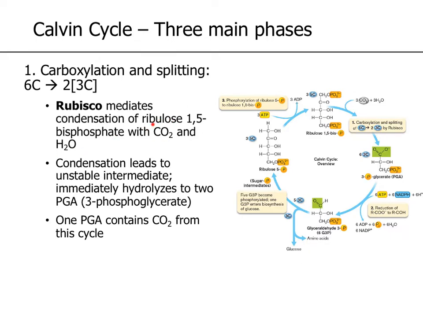This is where the 1 carbon comes in, the CO2 that it's fixing. The ribulose is a 5-carbon molecule, right? So now this is 6, but this is an unstable intermediate, so it immediately hydrolyzes into two 3-phosphoglycerate, so 2 PGA molecules. One of these molecules will contain the carbon from the CO2.